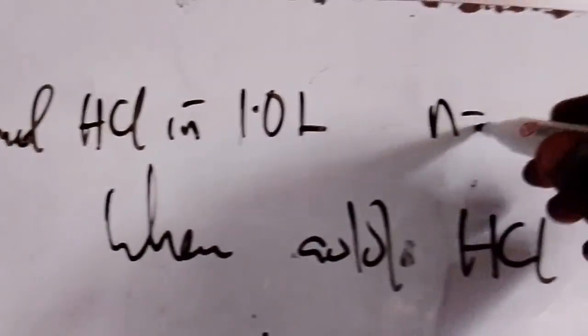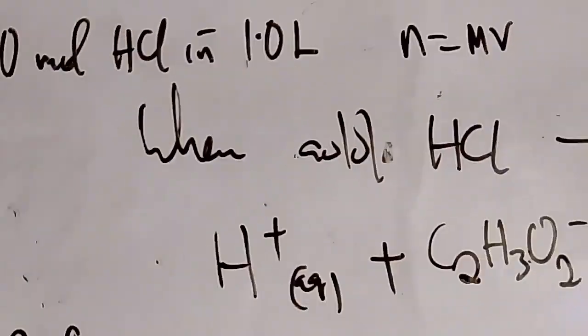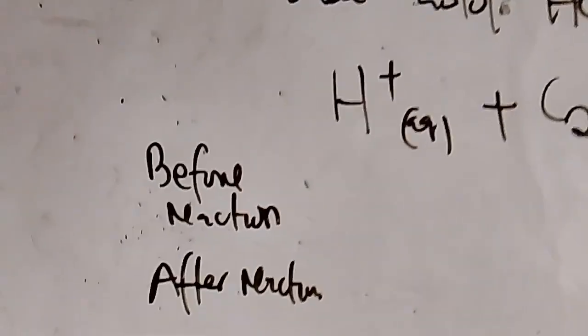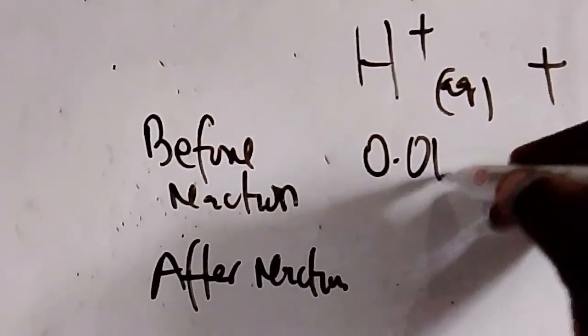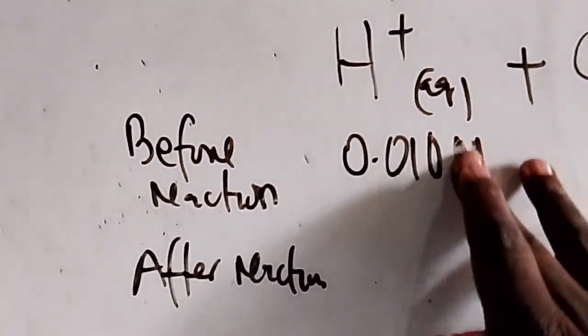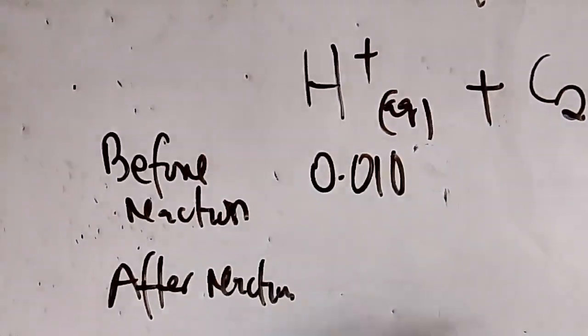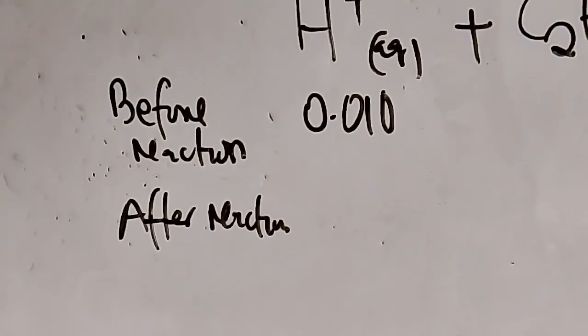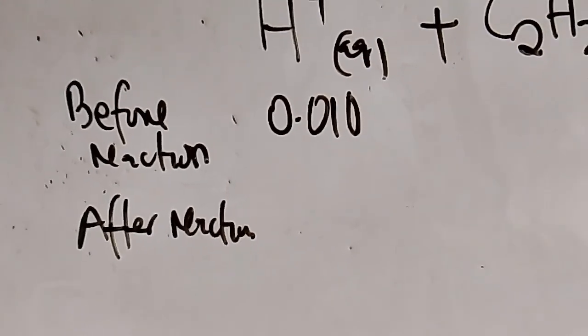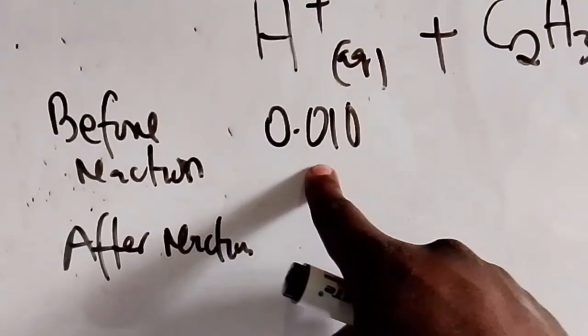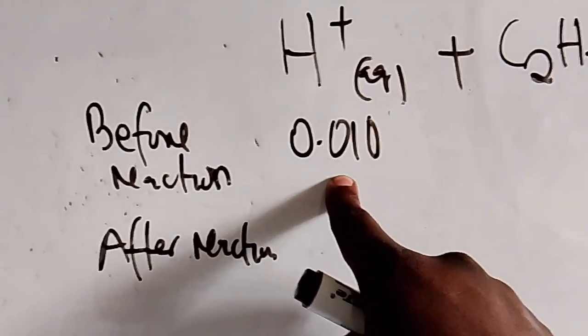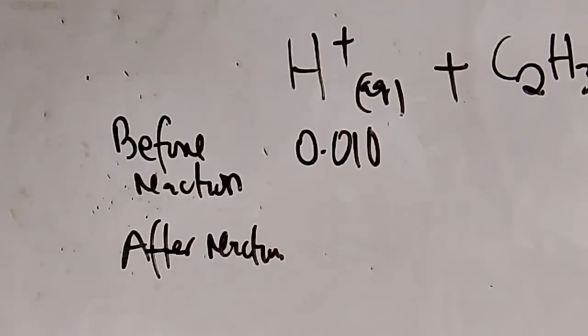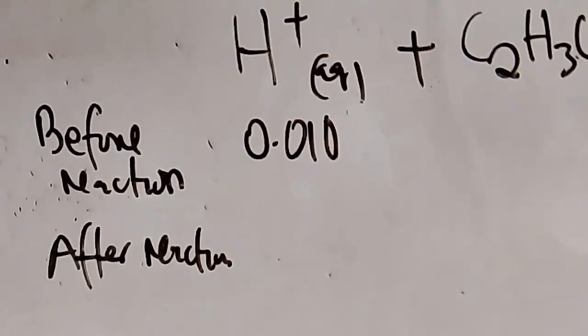We know that n is equal to MV, molarity times volume, so we have 0.010 molar. We can work in moles or molarities, one and the same. So this is the molarity of the acid before the reaction.